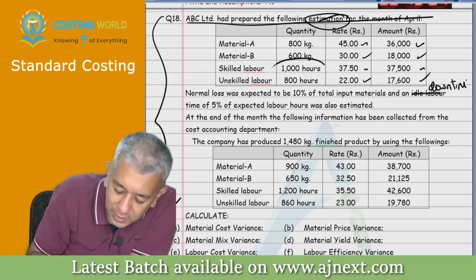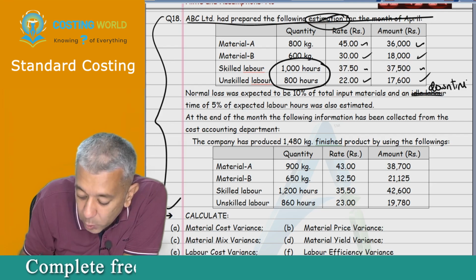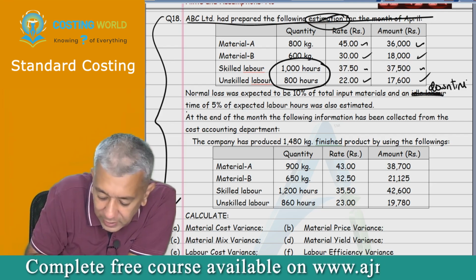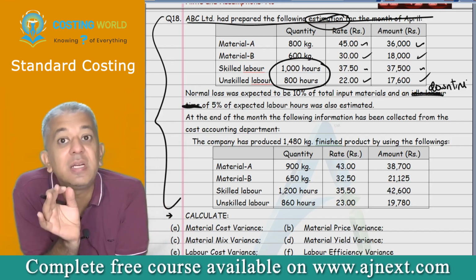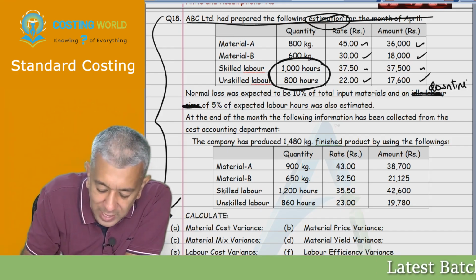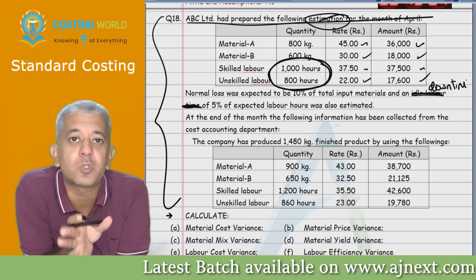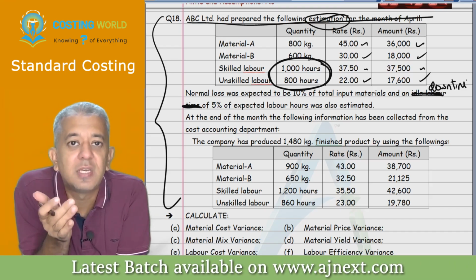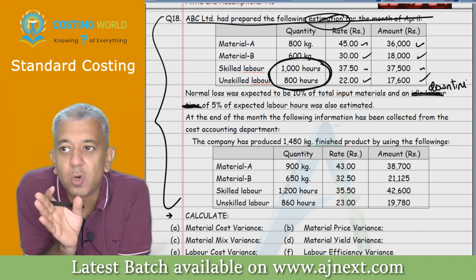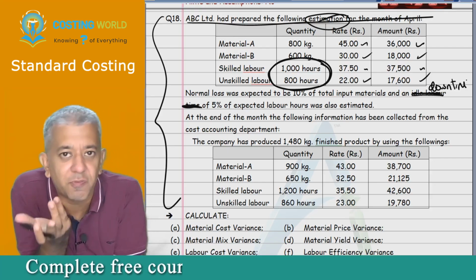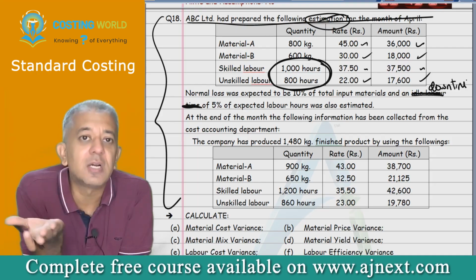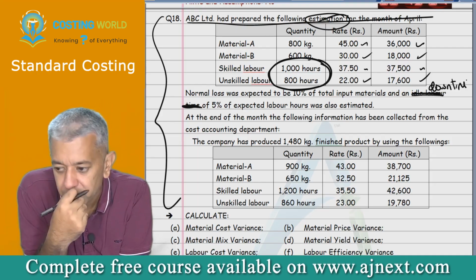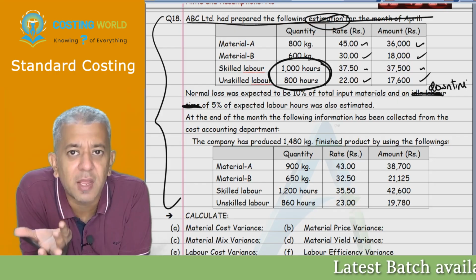Now, this particular time includes downtime. Forget about the word idle time. It includes downtime of 5%. If downtime is included, then for the purpose of variances, this downtime should be removed because it does not reflect any efficiency or inefficiency on the part of the workers, because workers cannot help it if machines are not there for working.